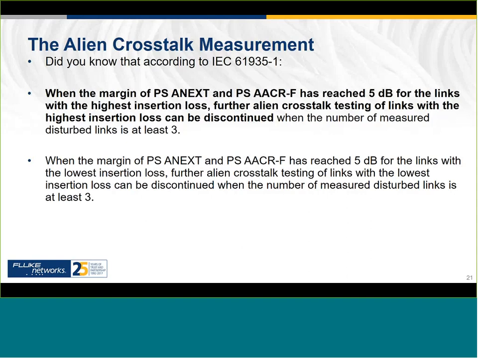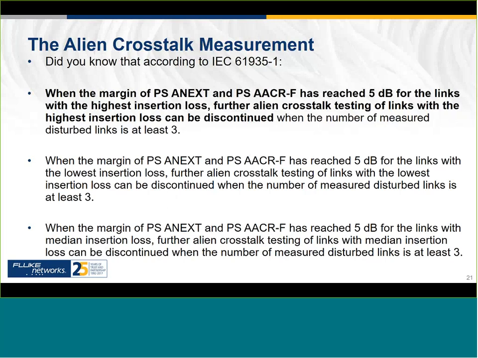We then move to the lowest insertion loss links, perform the same evaluation, and if you meet the 5 dB number, you can discontinue testing. And then we move to the links with a medium level of insertion loss, perform the same evaluation at least 3 times, and if you've reached the 5 dB, you can discontinue testing.